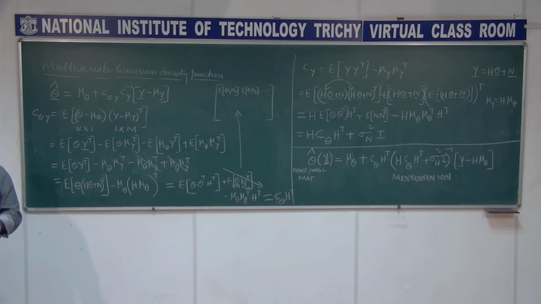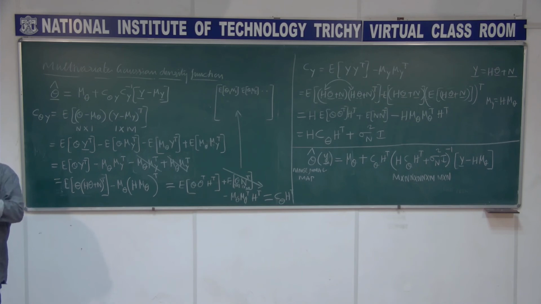In that case, you would like to know the estimation of what? Theta given y, it is the posterior density function. Y given theta is going to be your likelihood function. So in that case of likelihood function, y equal to h theta plus n. So what is the nature of y?